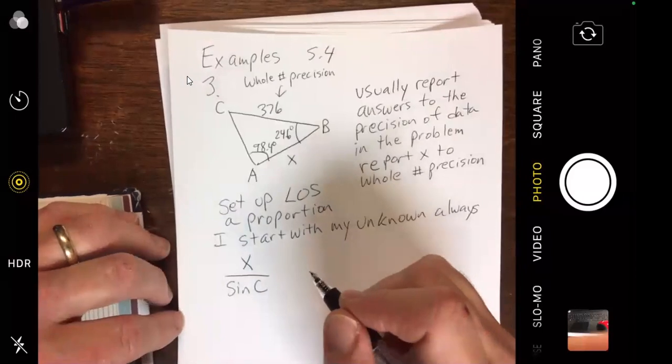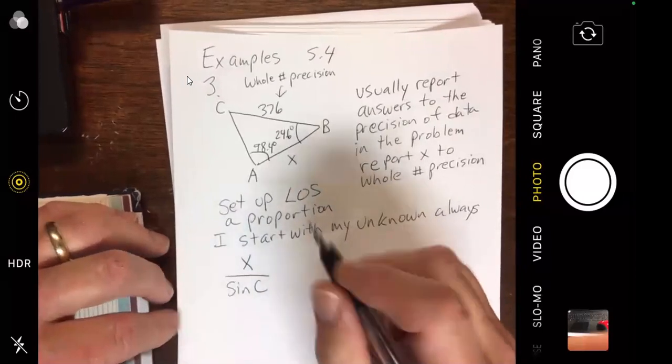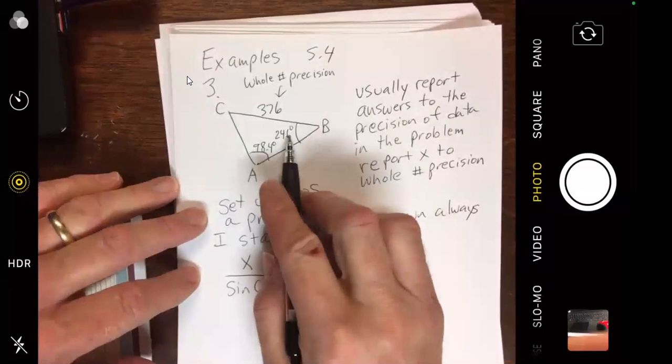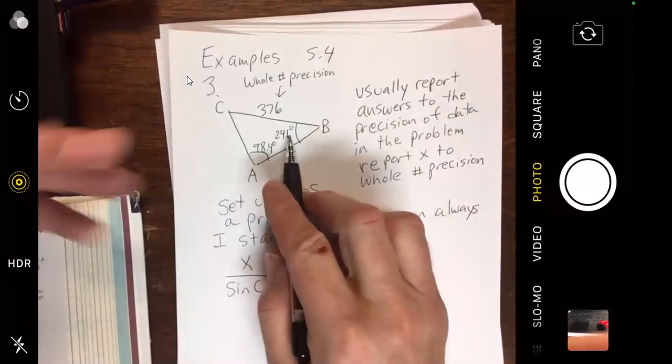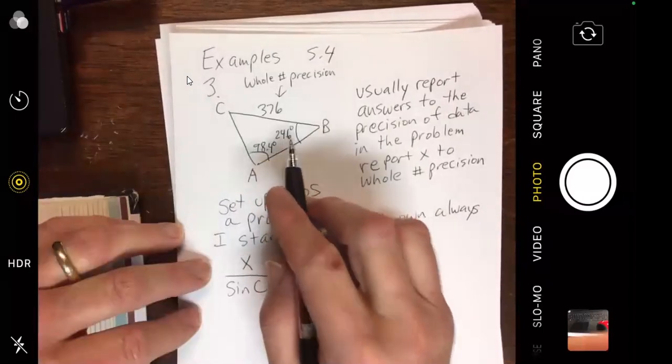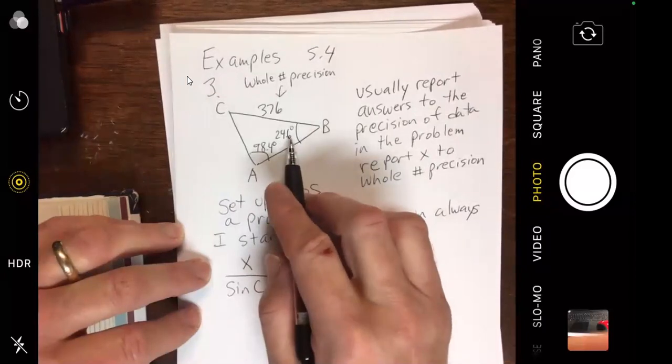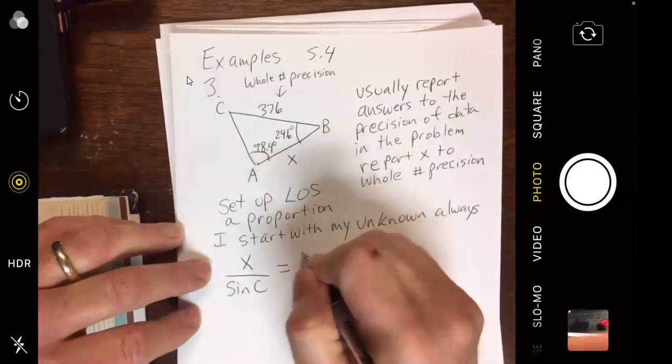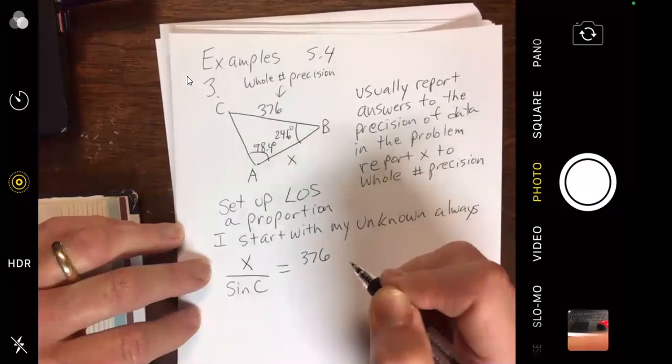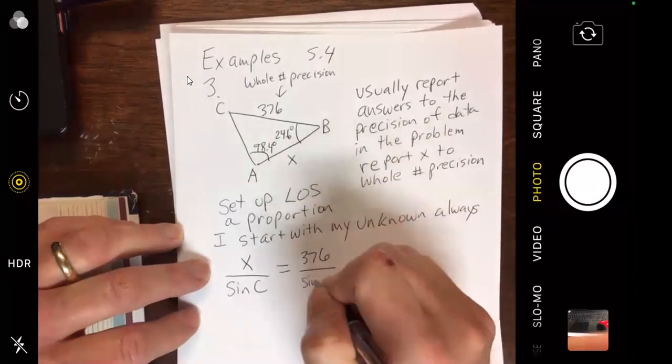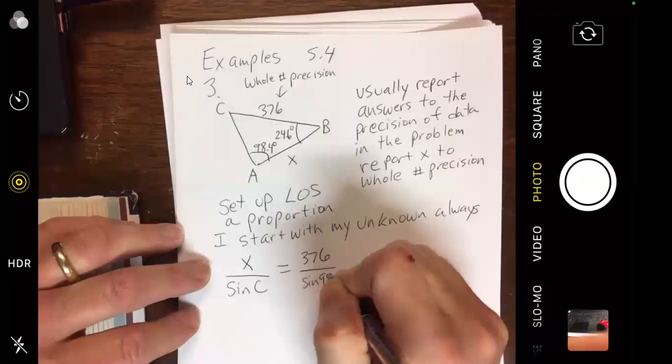Then I've got no way to get this side, so I can't use the 24.6. It's not the Pythagorean theorem; that only works on right triangles. So I've got to use 376 over the sine of 98.4 degrees.